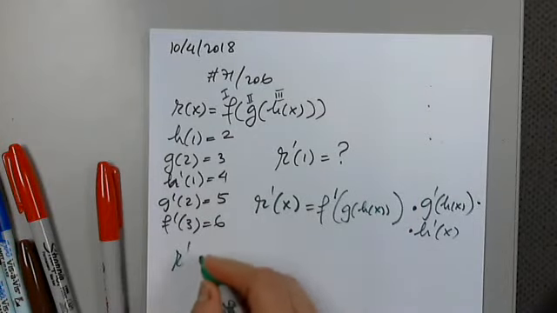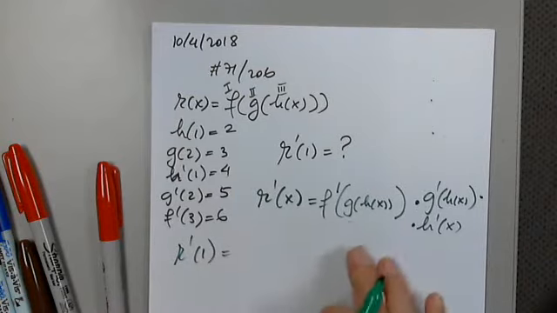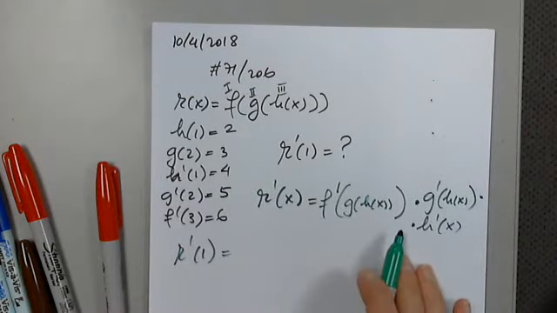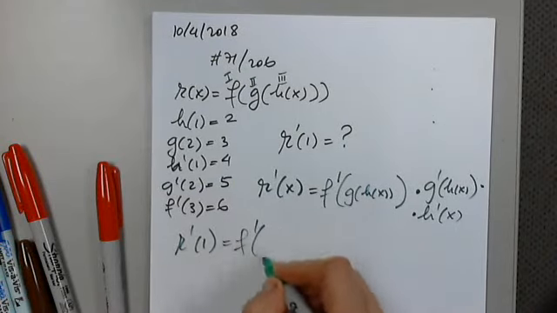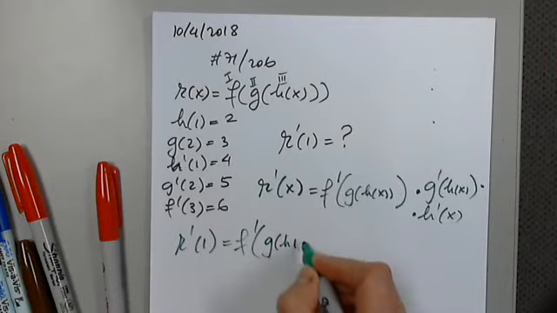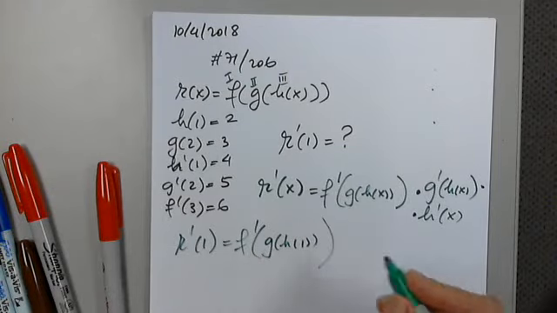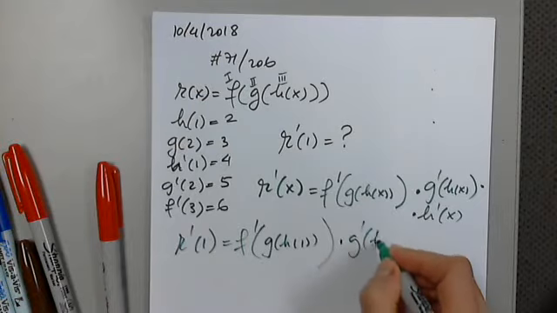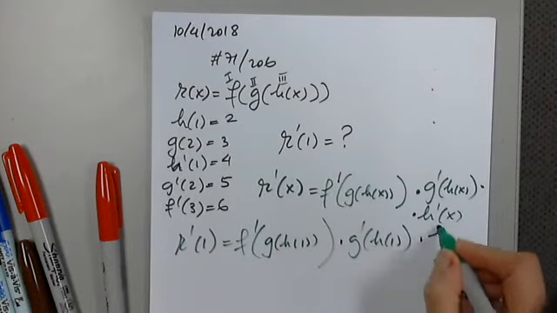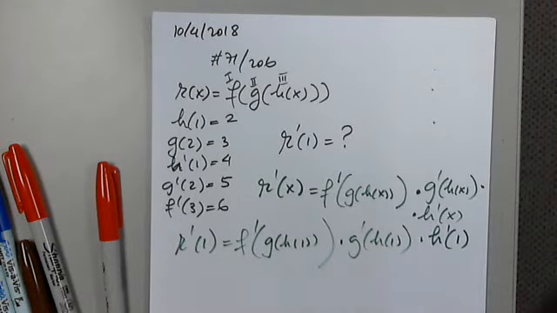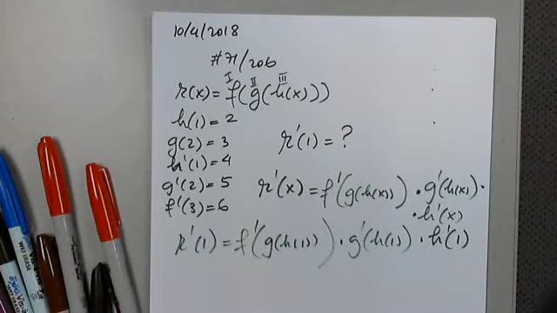So now I can find r prime of 1, first of all replacing x with 1 everywhere. So f prime of g of h of 1 times g prime of h of 1 times h prime of 1. And now let's plug in what we have. Do we have h of 1?